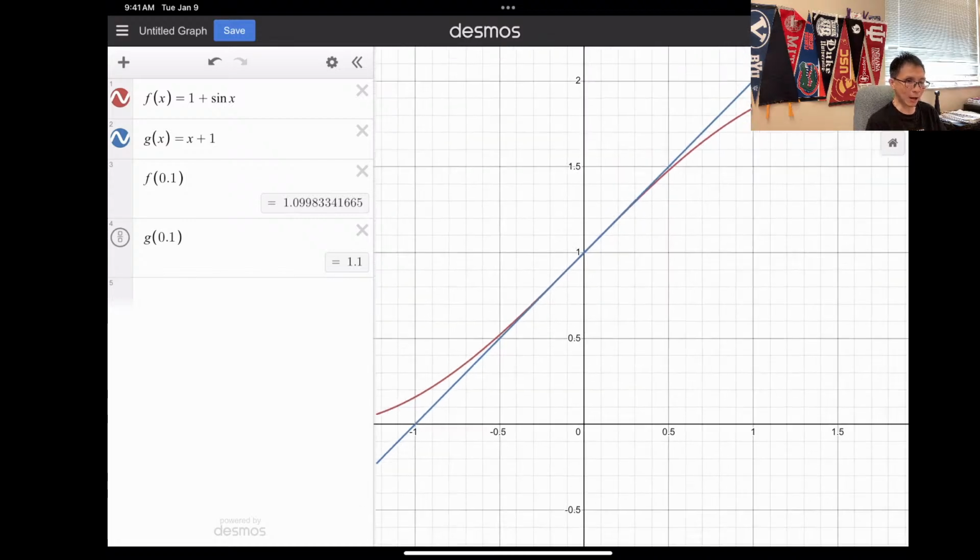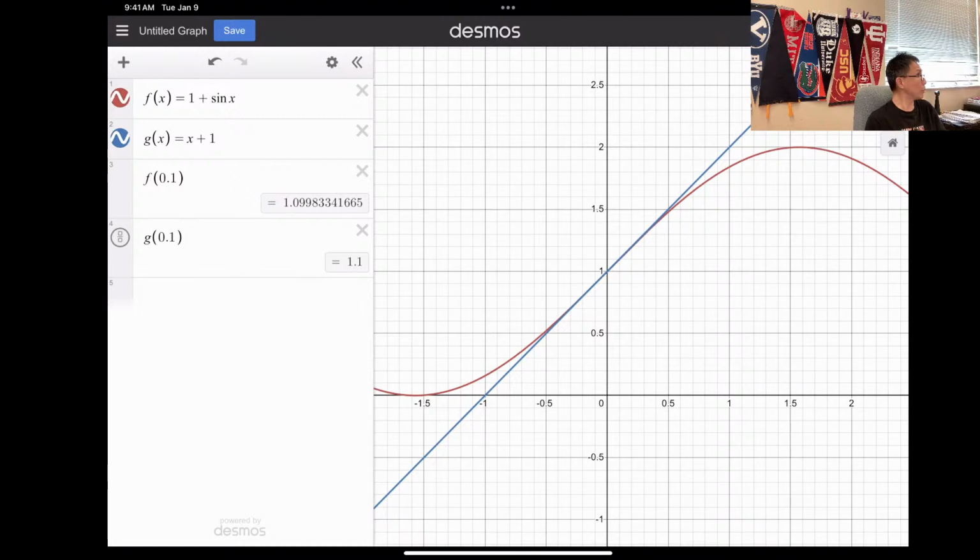It turns out that later we can use Taylor series to make a bunch of polynomials to imitate the graph of sine of x. But this is a very beginning stage of it.